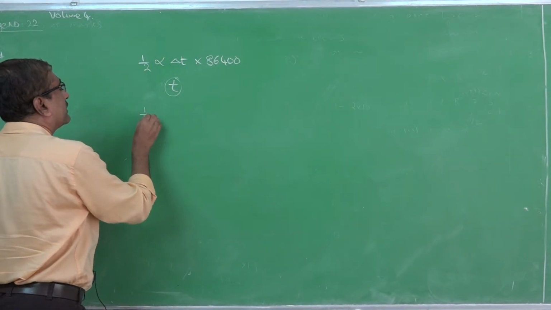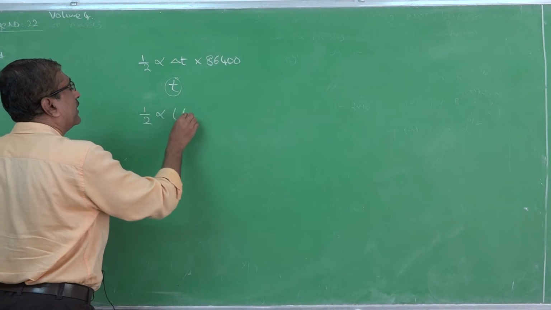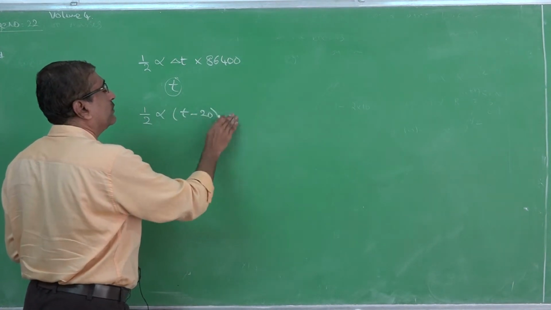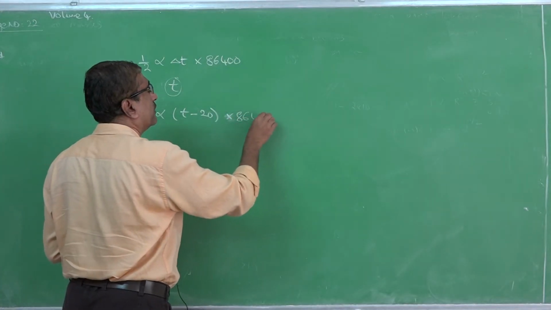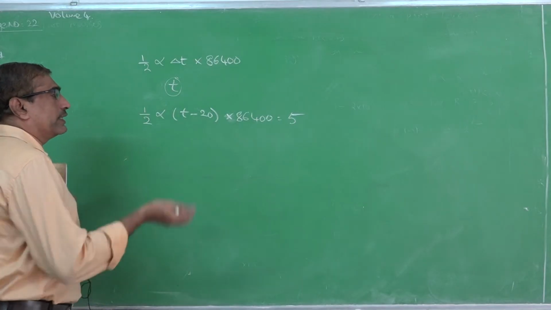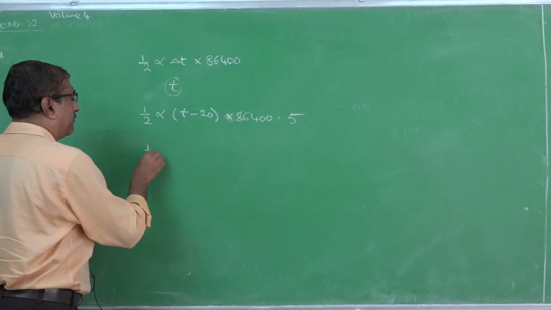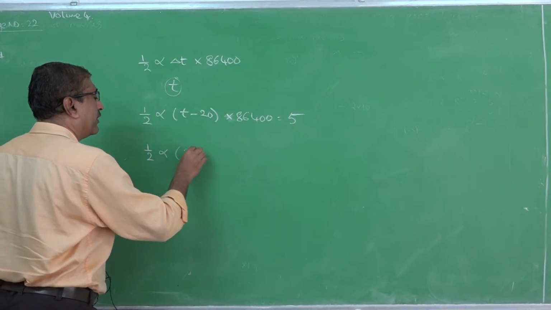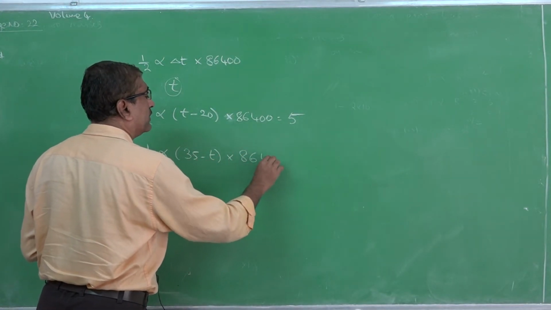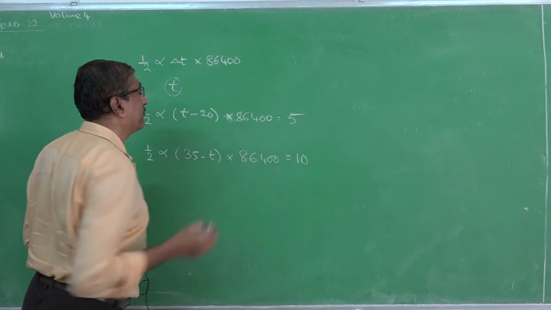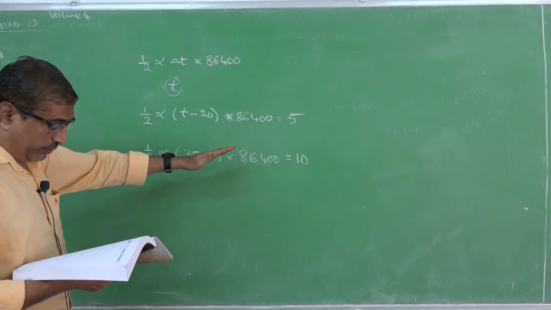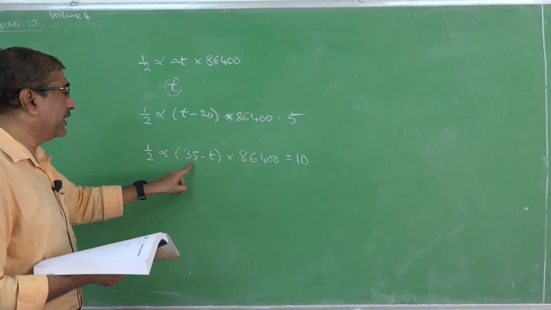So, we can write this first equation as half alpha into T minus 20, into 86400, is equal to 5 seconds difference. For the second case, half alpha into 35 minus T, into 86400, equal to 10. That is because it goes slow by 10 seconds per day at 35 degrees centigrade.